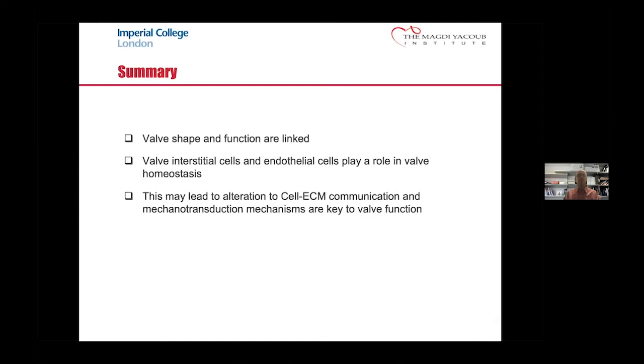That valve interstitial cells and endothelial cells play a role in valve homeostasis in terms of either regulating valve tone or controlling calcification, and that alterations in the cell extracellular matrix communication and mechanotransduction may be key to maintaining valve function and durability.